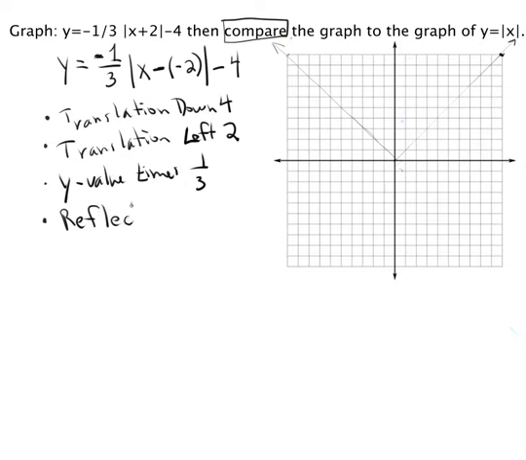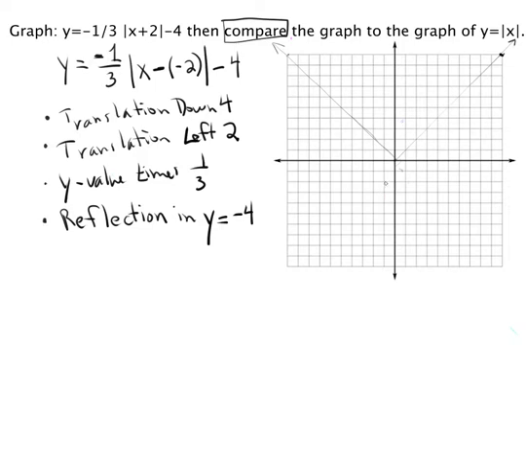We break the reflection out as its own specific transformation, and it's reflected across the y equals, which is the up and down, because the y change up and down is that negative 4. So y equals negative 4 will be the reflection line.